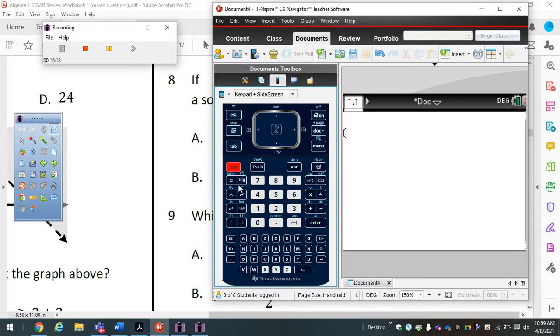We're going to go with the second square root, you see it, and I believe it's 11. And then the whole thing we're going to put in parentheses, and we're going to square it, which is 11.